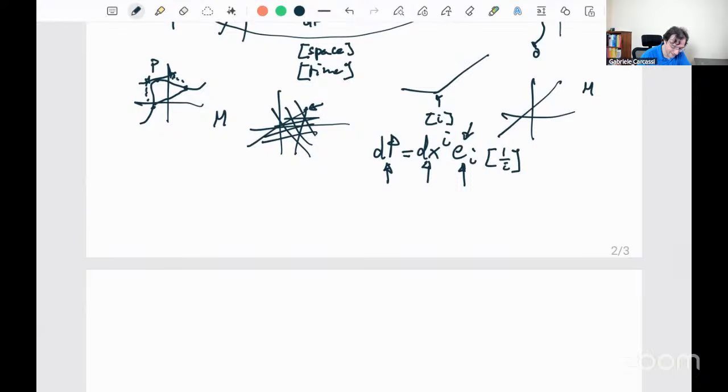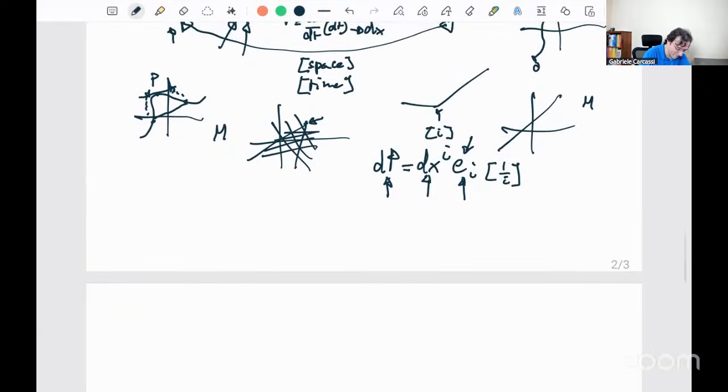As an example, I have my dp, and then I have a dx that is going to be 1 meter, and I take ex. Actually, let's do it in polar coordinates, so it's more fun.